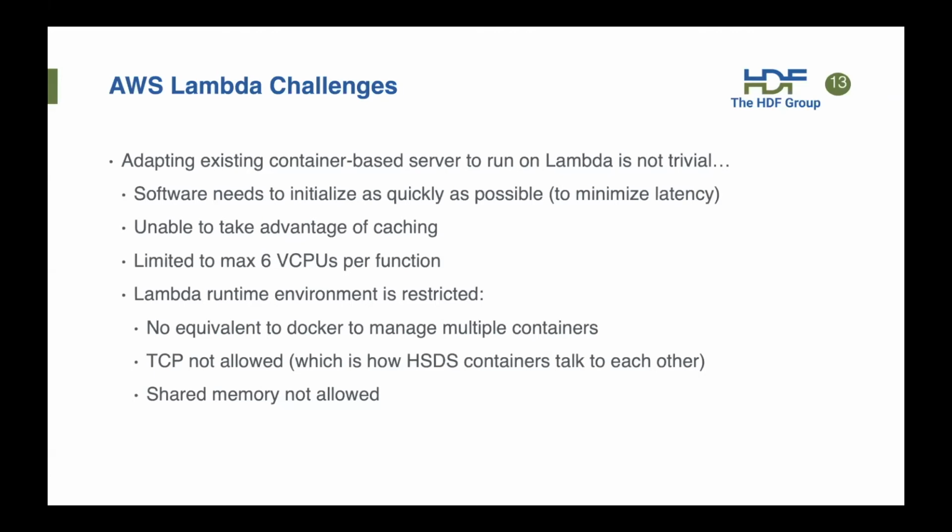I found this out by doing some work and seeing these restrictions. There's no Docker within the Lambda function. TCP is not allowed, and shared memory is not allowed. I imagine these restrictions are because your Lambda function is rubbing shoulders with other users' Lambda functions on what's probably the same machine, and they don't want to allow any kind of confidentiality leakage between Lambda functions.